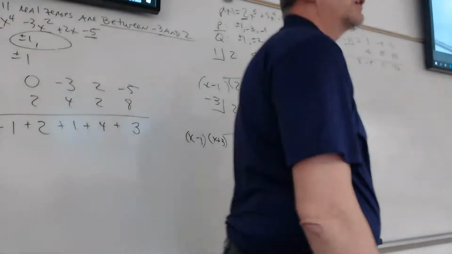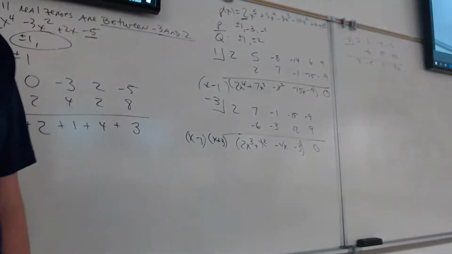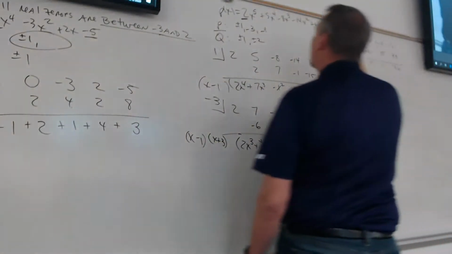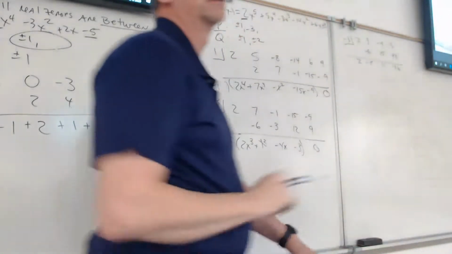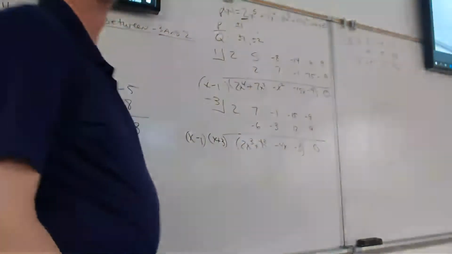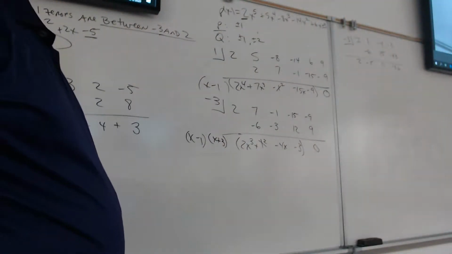So that didn't work. But what do we know? The signs are alternating. So now we know that -3 isn't going to work. And we're done with -3. Right? Now what do we want to try?